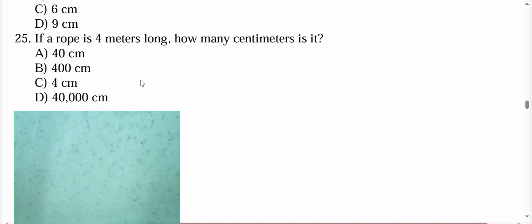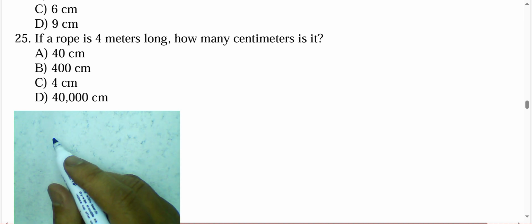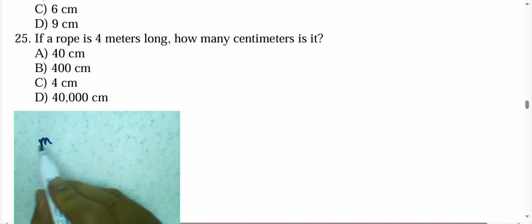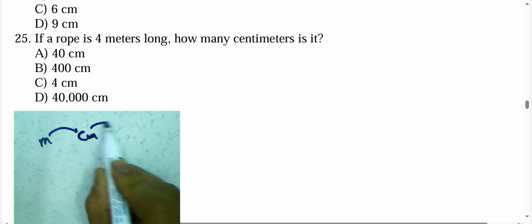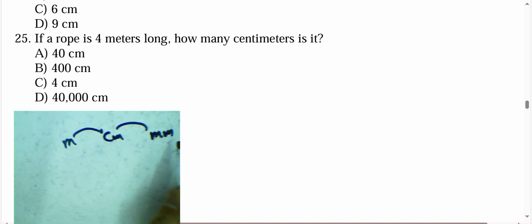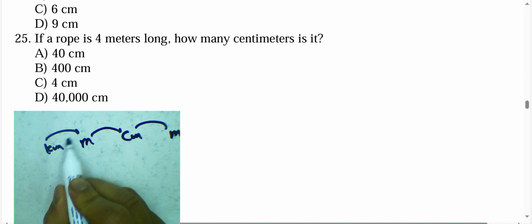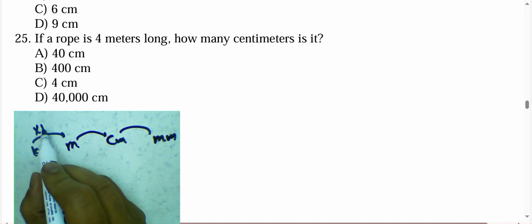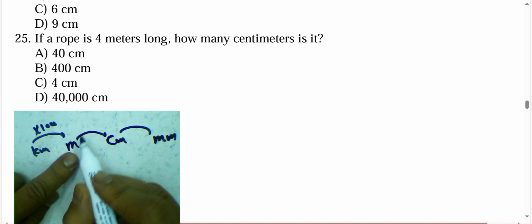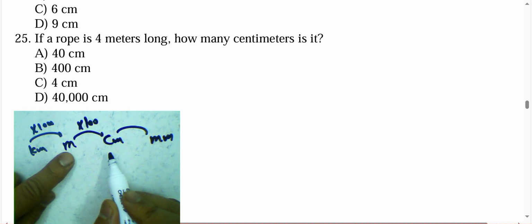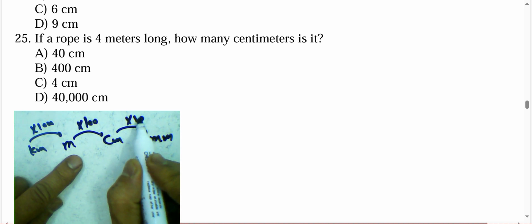Next question, 25. If a room is 4 meters long, how many centimeters is it? We can convert 4 meters to centimeters by multiplying by 100. We know 1 meter, then centimeter, millimeter, and we also have kilometer. To convert from kilometer to meter, you must multiply by 1000. From meter to centimeter, multiply by 100. From centimeter to millimeter, multiply by 10.